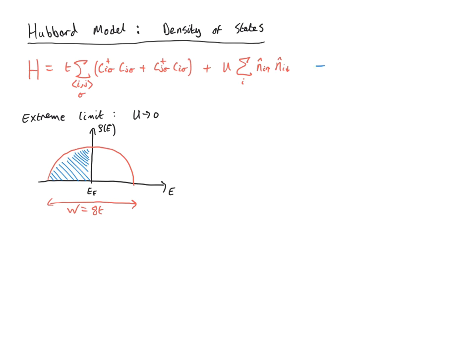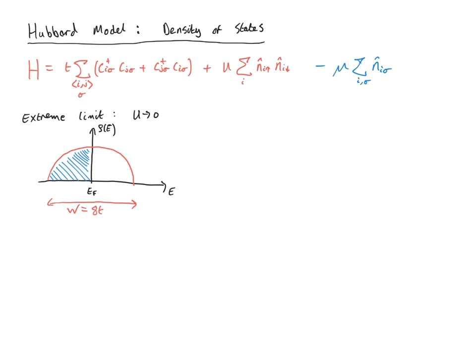Let's write that here: an extra term minus mu, the sum over all sites, times the number operator for that site. And this will be a constant shift in the energy of the whole system, which basically defines the Fermi energy.